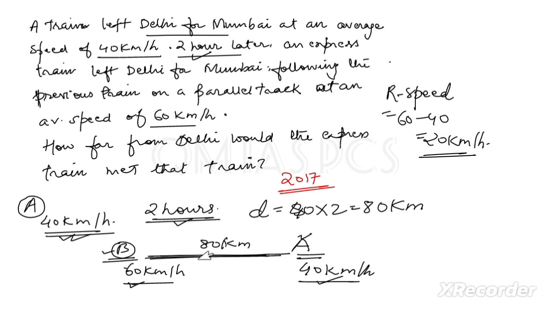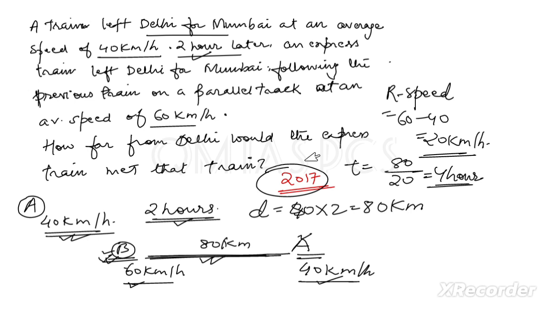And now the distance is 80, so can we solve for the time? Time will be distance by speed, and that will be 4 hours. So after 4 hours B will overtake, meet that train A. Is it clear? So this type of question we can solve. This is from UPSC 2017.